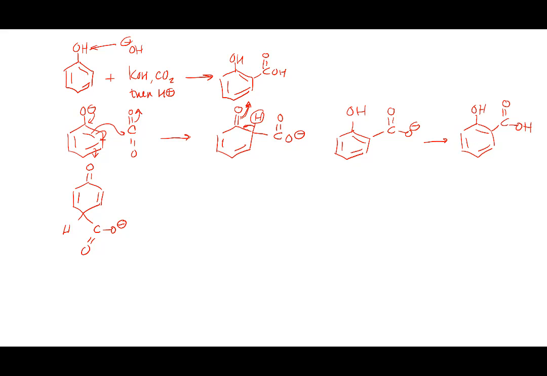So I need to add the H back into that. Down here I'd end up with the same sort of mechanism, except here I would end up with an OH and then my C double bond O, OH down here.